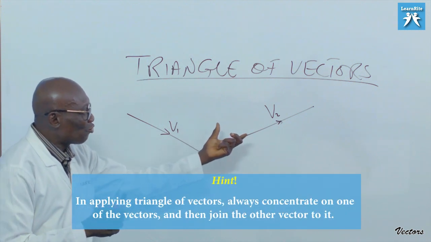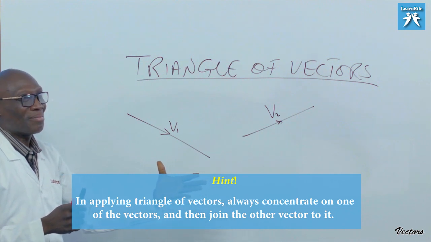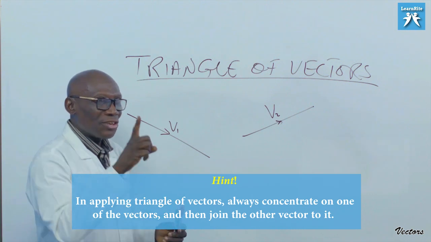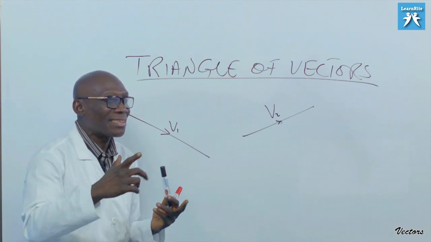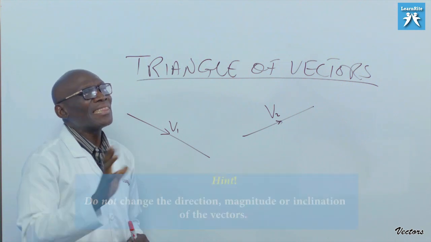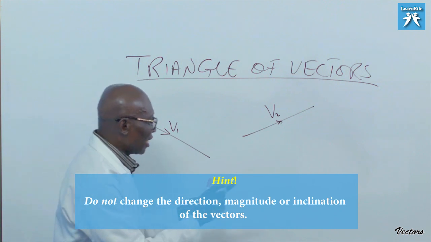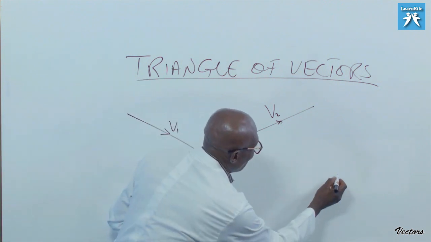And what I do is to draw this one again somewhere, completely somewhere. And don't change the direction, don't change the inclination, don't change the length. Never change anything about it. It's a vector, it must be warm. So I will draw the vector again here.